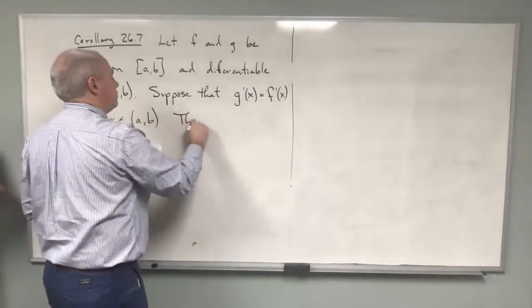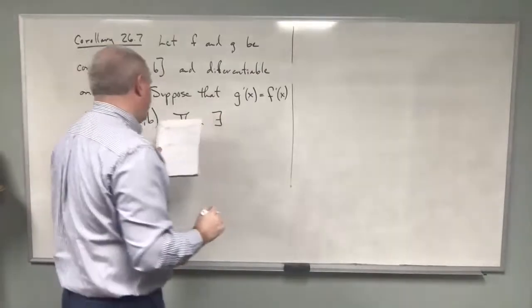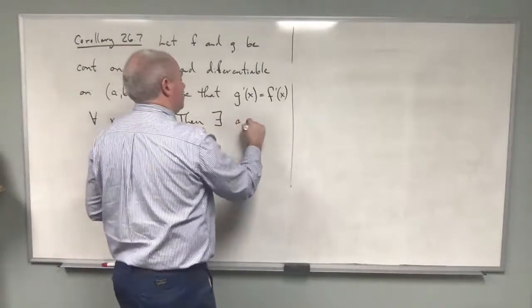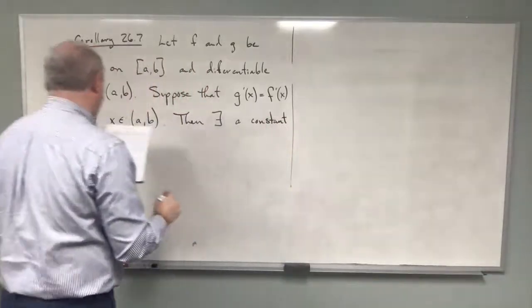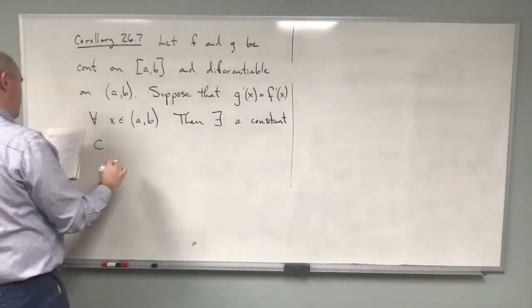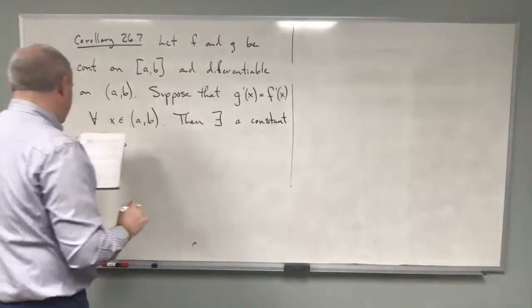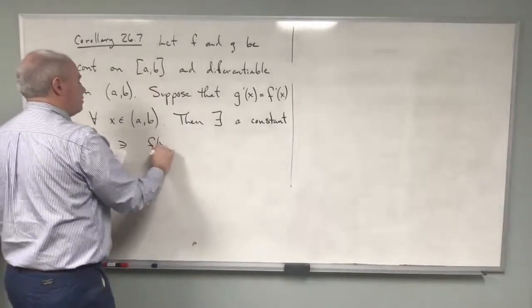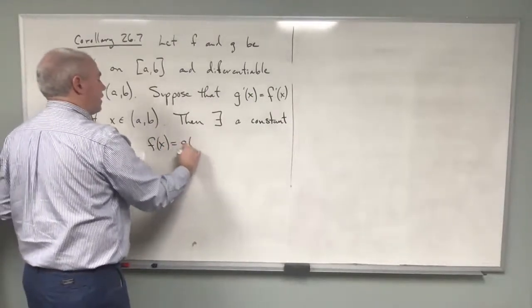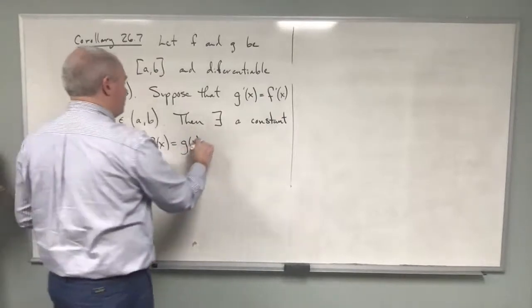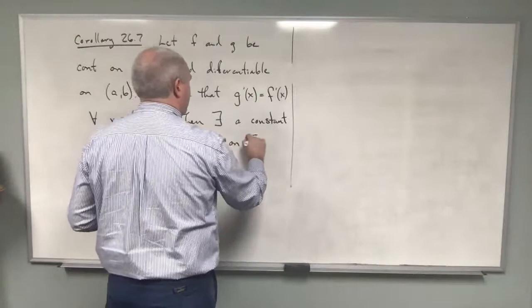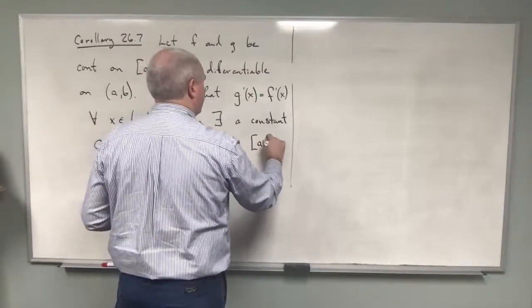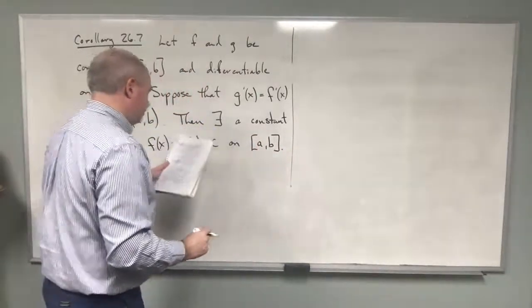Then there exists a constant, let's call it capital C, such that f of x is equal to g of x plus C on the closed interval from a to b.